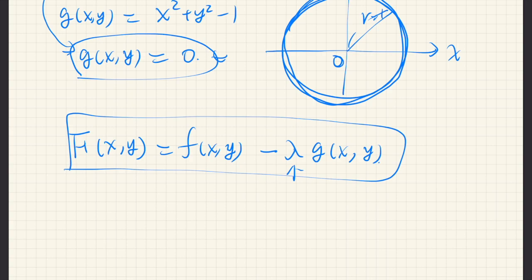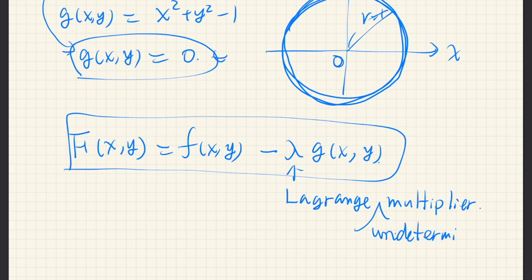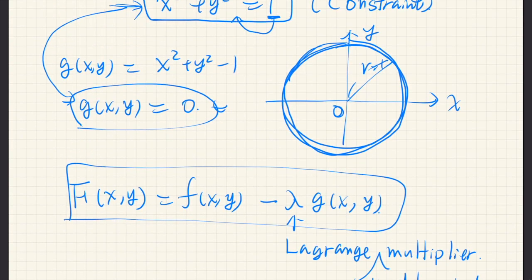It's a constant or a variable. So this is called the Lagrange multiplier. Sometimes we call it the Lagrange undetermined multiplier. Well, whatever. Then if this constraint is satisfied, this term will vanish.